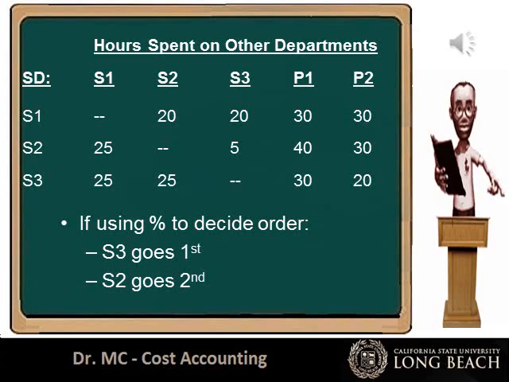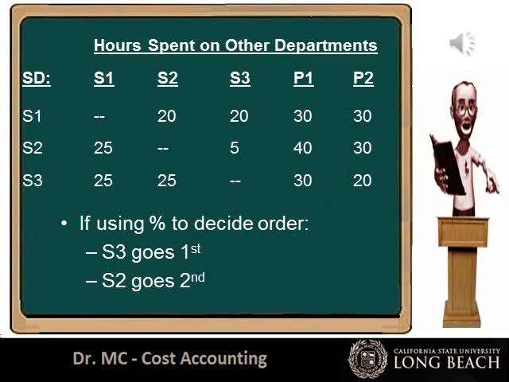When you are trying to decide which department should go second, you need to ignore the hours that the support departments spend on Support Department 3. Support Department 3 has allocated its costs, and it is no longer part of the calculations. You have to eliminate it from your denominator when you calculate the percentage that each support department spends working on the other support department.